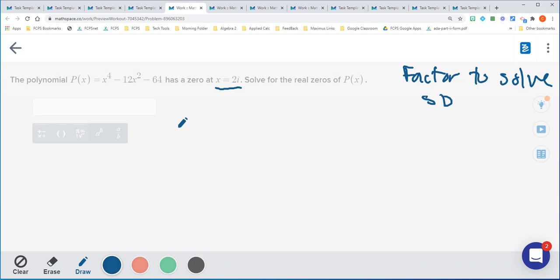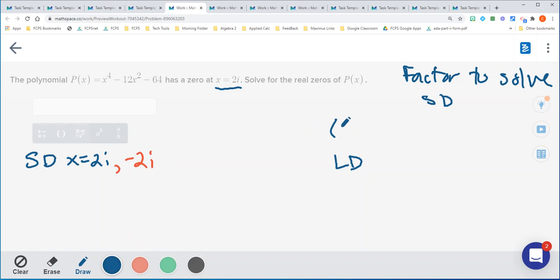All right, and so we have a choice. Somebody asked me, how do I choose synthetic division or do I choose long division? And if you're going to do synthetic division here, you're going to have to use the conjugate root theorem, and you're going to have to add in the conjugate root.